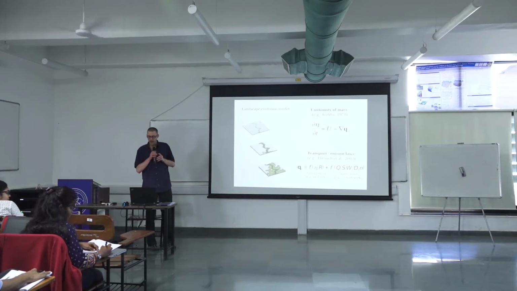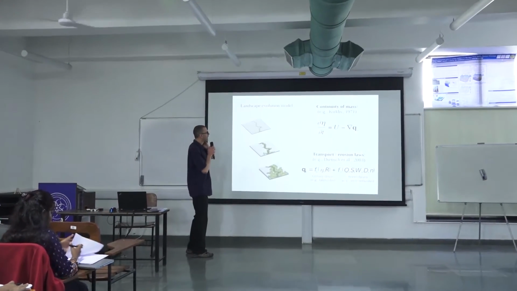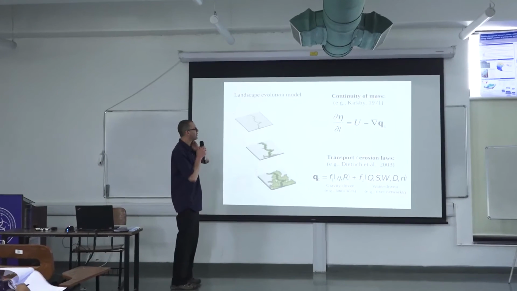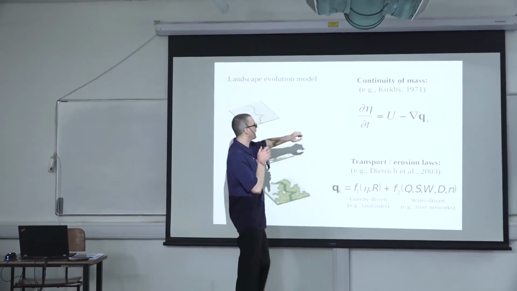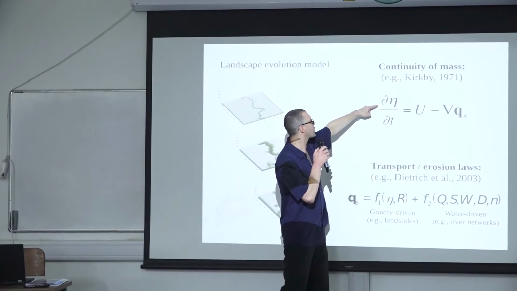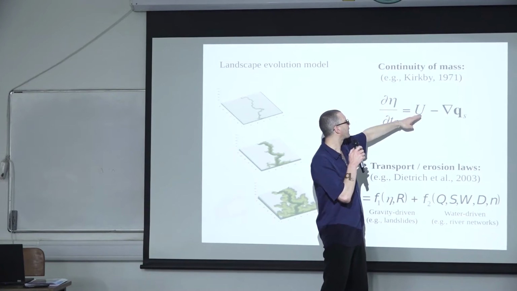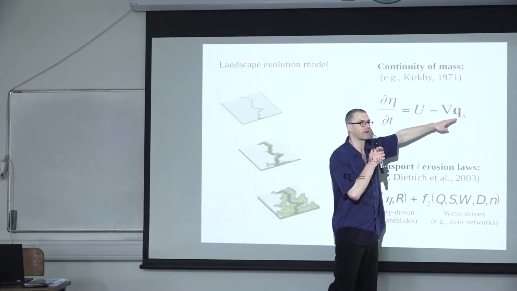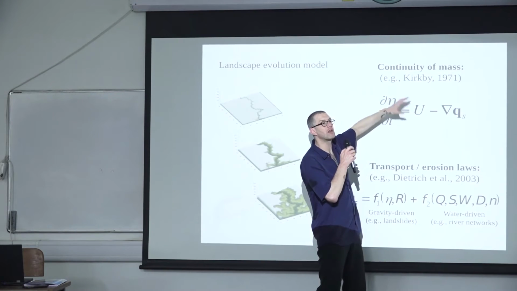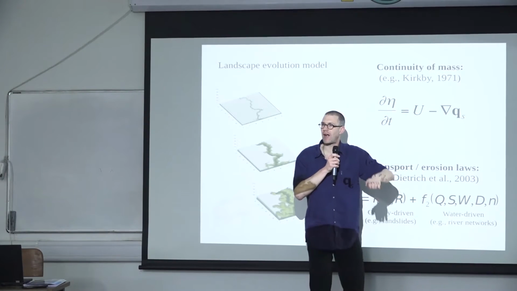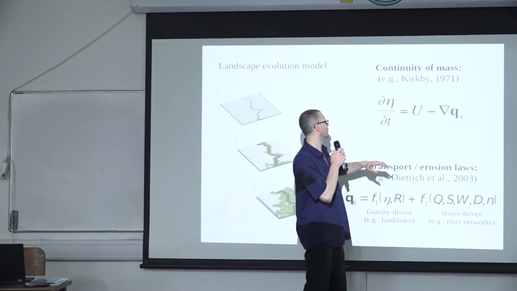Okay, so I pointed out before the continuity of mass, and that usually is expressed in a way that you say the change of mass over time equals the uplift minus the sediment flux, meaning that whatever you bring in, you need to bring out too, unless otherwise you have aggradation.